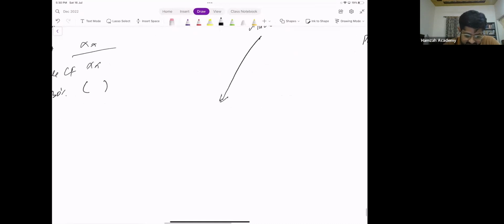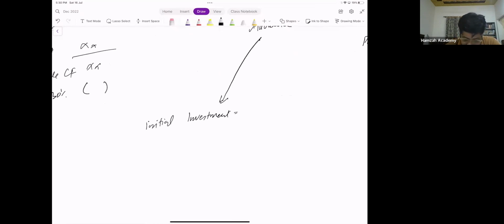Let us learn with an example. Initial investment is 150,000. Scrap value is 10,000.